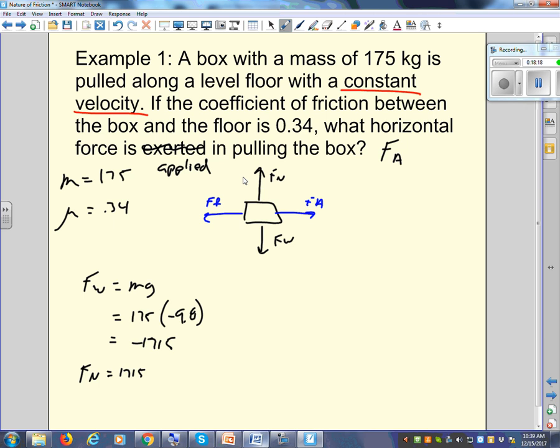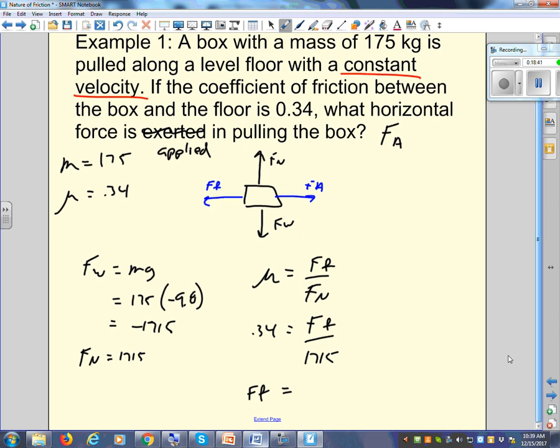Okay, so now I've got to find my FF, right? That was the next thing. So I'm going to go mu equals FF over Fn. The mu value is 0.34. We're solving for FF. The Fn is 1715. Okay, and I'm reminded that you got to be able to solve this kind of stuff. That's just a multiply.